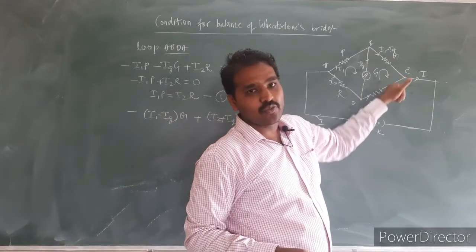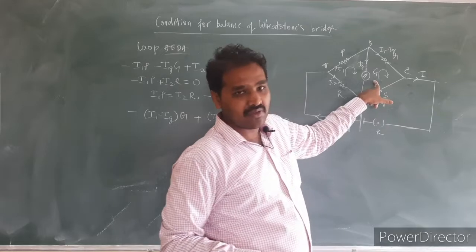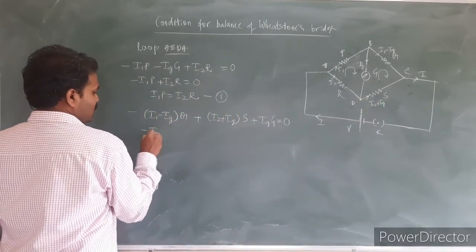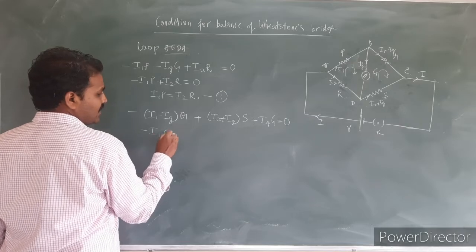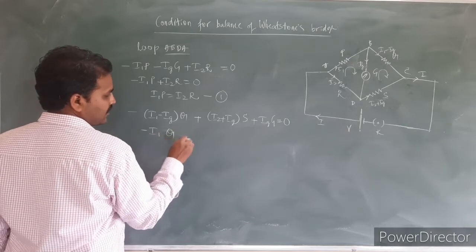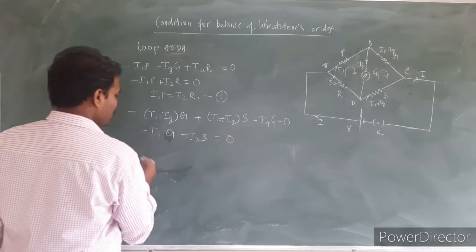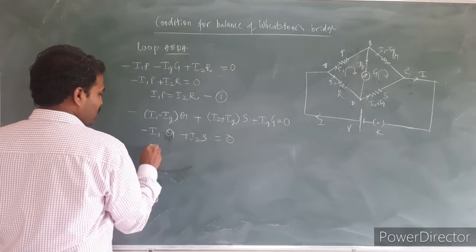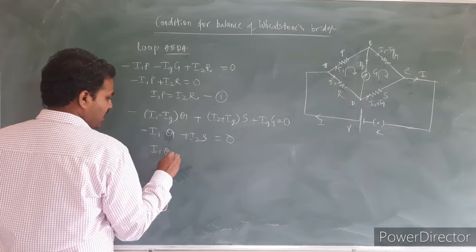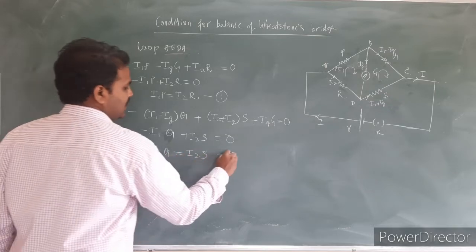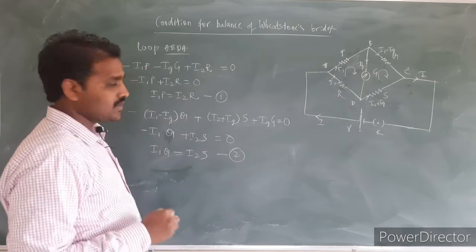Again in this path also we don't have any EMF. Okay, so let us substitute Ig is equal to 0. So we get minus of I1 into Q plus of I2 into S is equal to 0. This I can take to the right side, so it will be positive here. I1 into Q is equal to what? I2 into S. Let this be equation number 2.